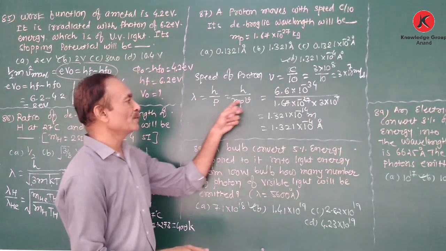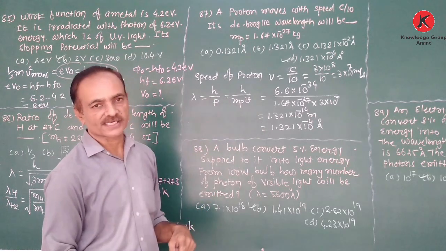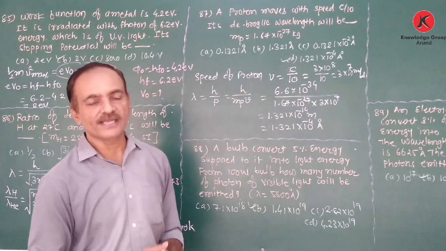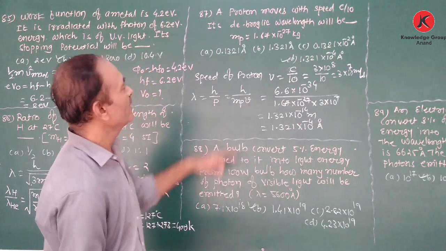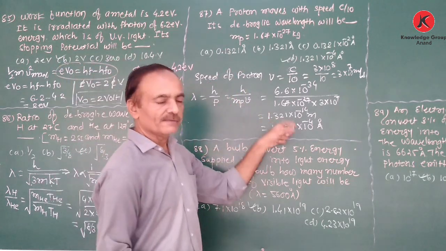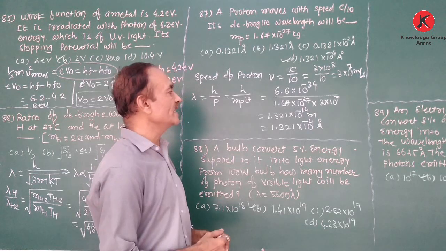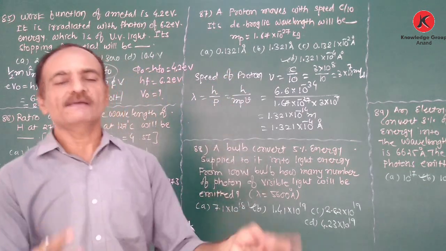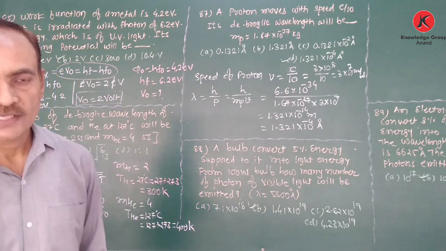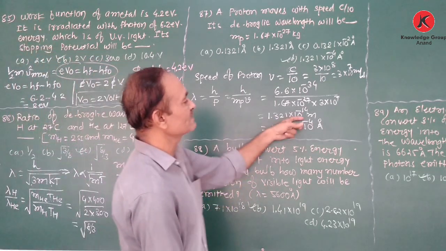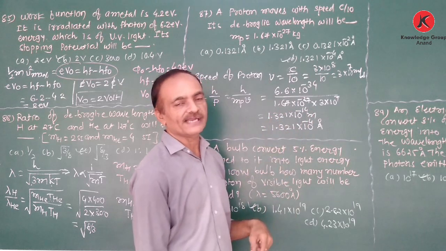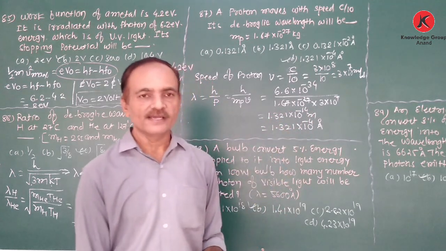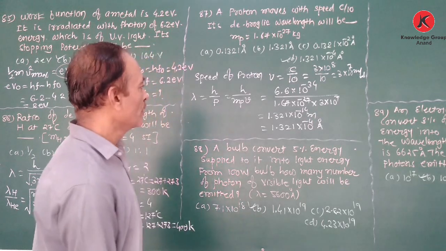Therefore, the momentum of the proton is mass into velocity, so h upon mp into v. H is substituted, and we obtain the wavelength of the proton as 1.321 into 10 to the minus 14 meter. But in the answer, all the wavelengths are given in angstrom. Therefore, to convert meter into angstrom, we have to divide it by 10 to the minus 10. Therefore, 1.321 into 10 to the minus 4 angstrom.